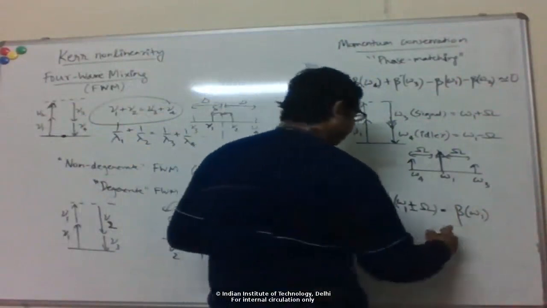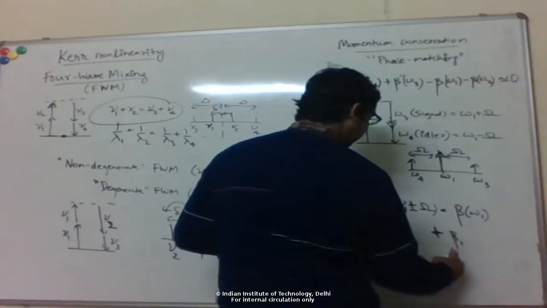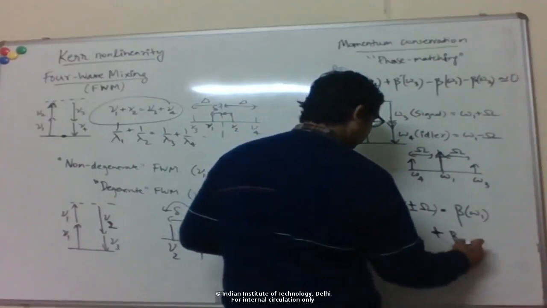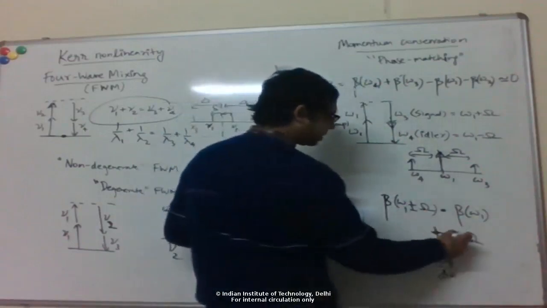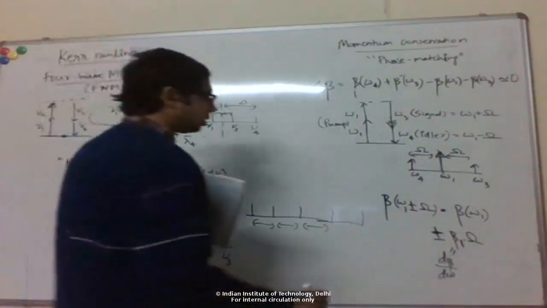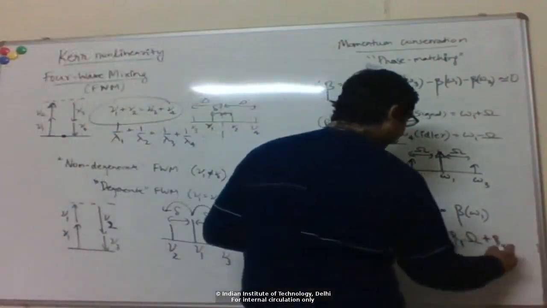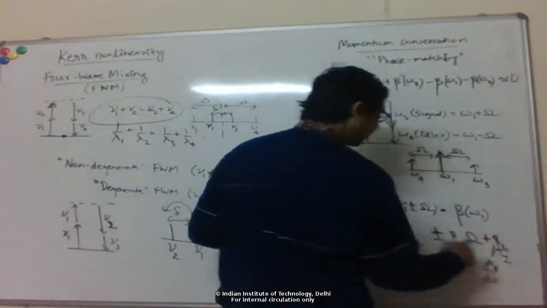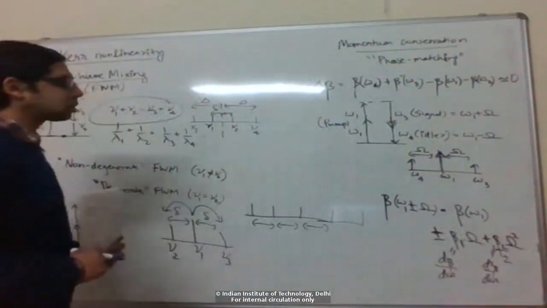about omega 1. So the first term will be beta 1, which is the first derivative of beta, or inverse of the group velocity, times frequency separation. Now for plus minus, this will be plus minus here. And then the second term will be the GVD term, the second derivative of beta, times omega square.